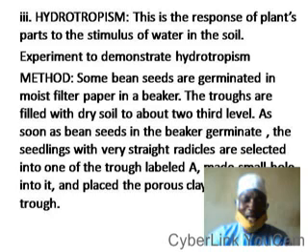In the experiments to demonstrate hydrotropism, some bean seeds are germinated in moist filter paper in a beaker. The two troughs are filled with dry soil to about 2/3 level.